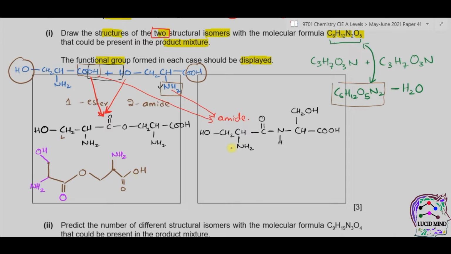Similarly, we can draw a structural formula for this one. Starting from this carbon, then CH, then carbonyl carbon, then nitrogen, then again CH. It is branched into two, one is COOH and one is CH2OH.